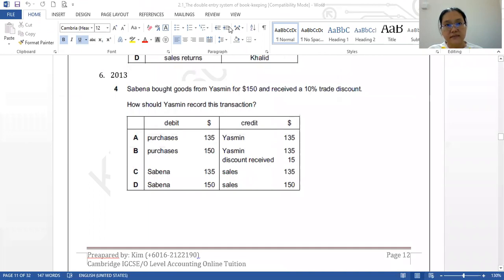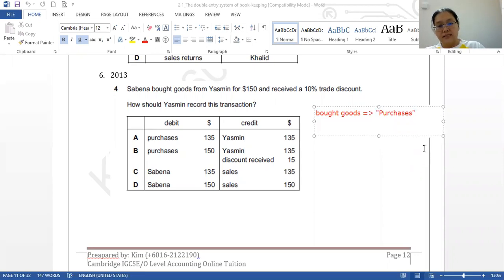Okay, question 6. Sabina bought goods from Yasmin for 150 and received a 10% trade discount. So, how should Yasmin record this trade transaction? Bought goods means purchases.